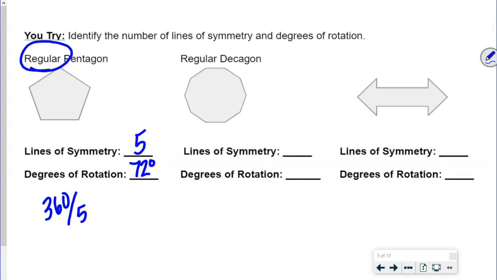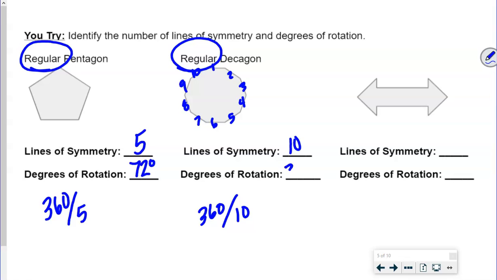If you don't know what that is, let's count. 1, 2, 3, 4, 5, 6, 7, 8, 9, 10, right? So what are we going to do? This has 10 lines of symmetry because, again, it's a regular decagon. And then the degrees of rotation, we're going to take 360 divided by 10, so that's going to be 36 degrees.